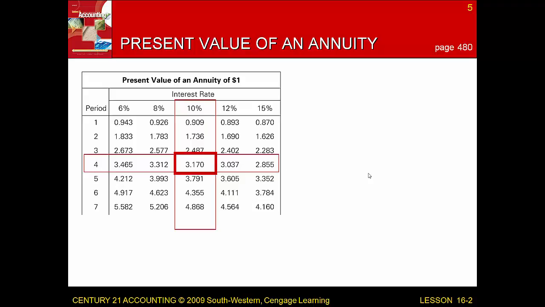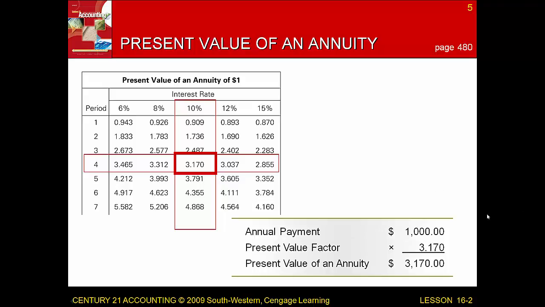We already determined that we're going to make a $1,000 payment. So if I take 1,000, and I know I need the present value of an annuity of $1, I'm going to multiply that by 3.170, and that's going to give me a present value of an annuity of 3,170. So that's how I picked that original number, and then we worked backwards from there. Again, the $1,000 times our present value of an annuity factor gave us that.